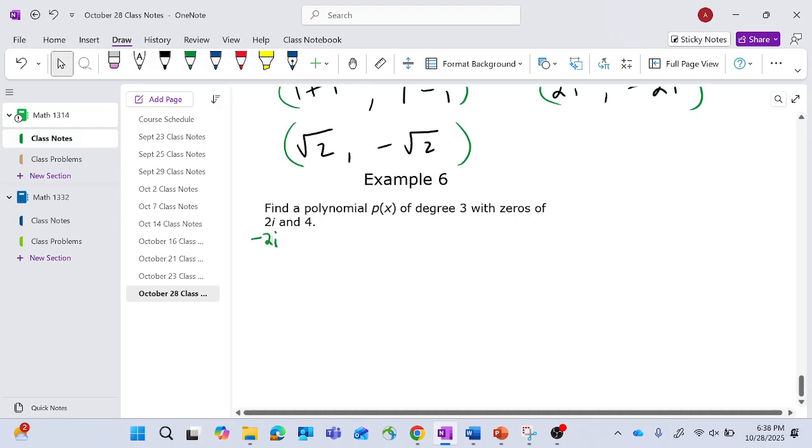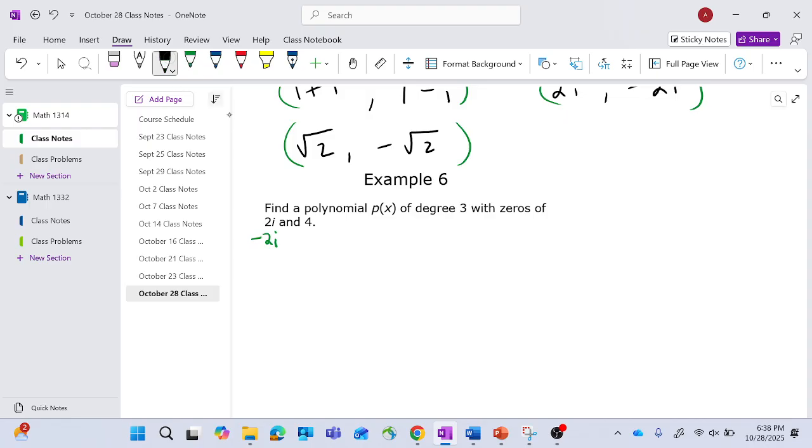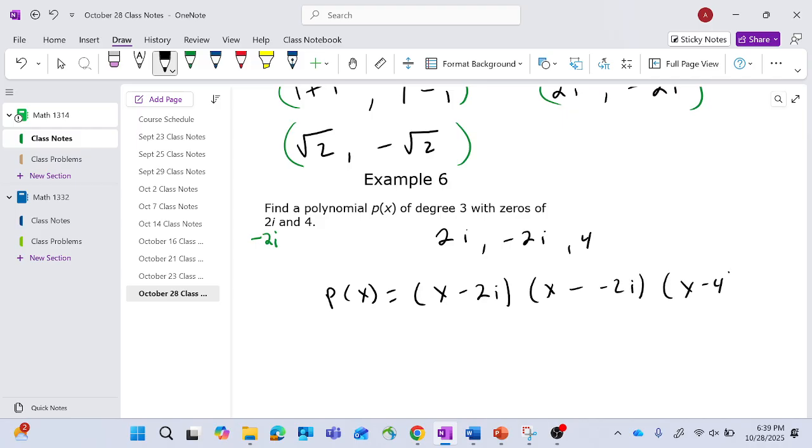So what the linear factorization theorem is saying is that, well, if you know your zeros are 2i, negative 2i, and 4, the factored form of that is just going to be x minus 2i, x minus negative 2i, and x minus 4.